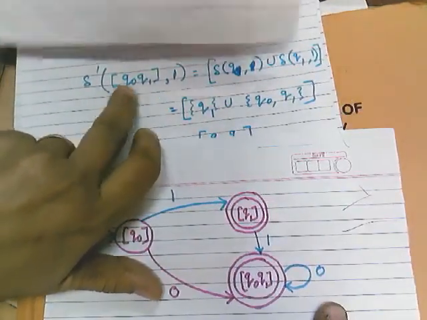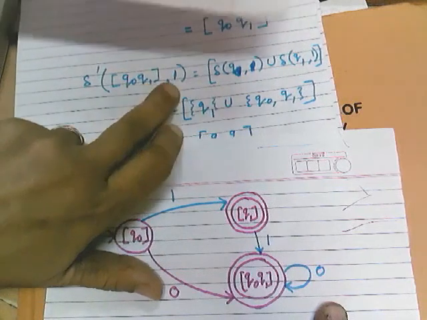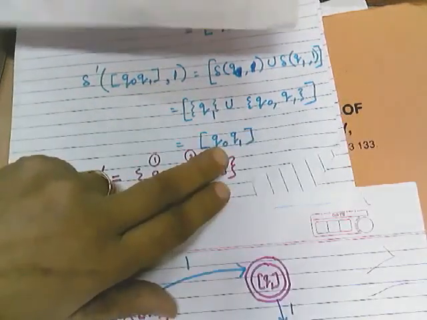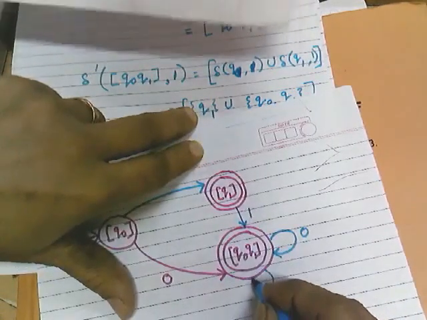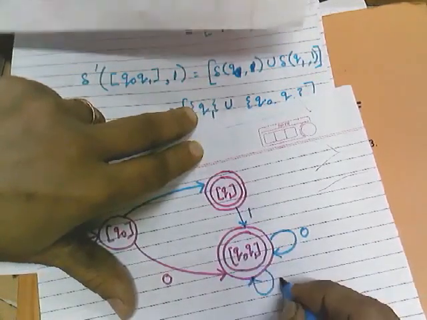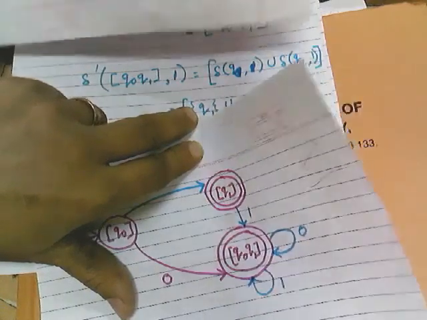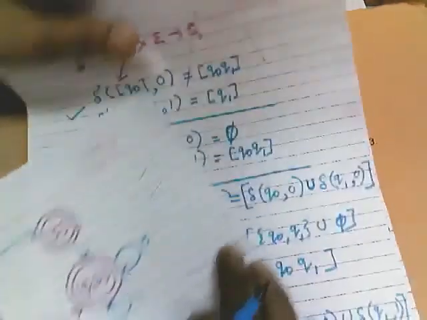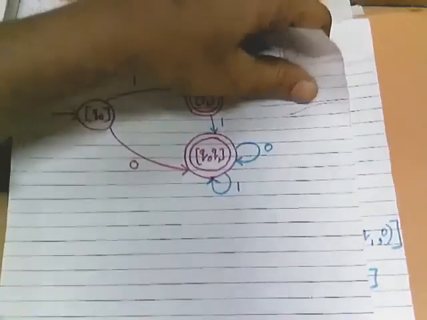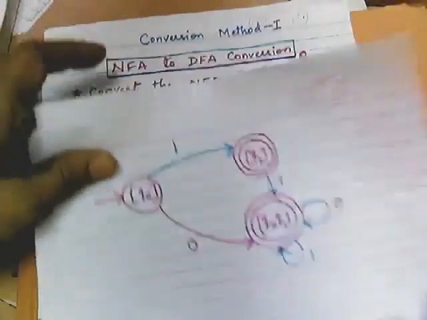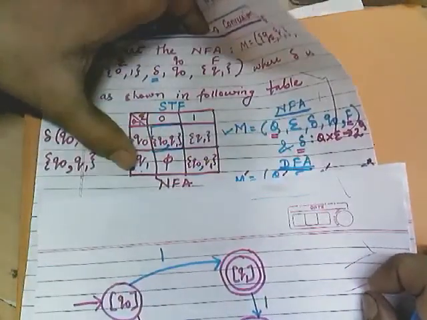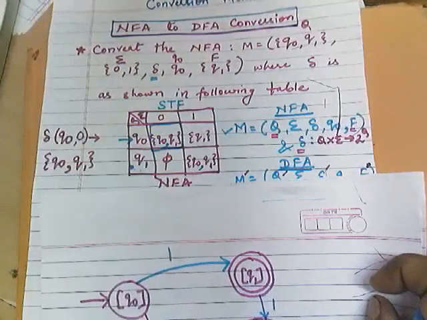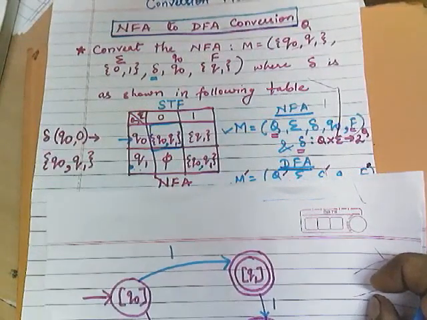Delta dash of Q0 Q1 on 1 is also moving to Q0 Q1. So there will be another self loop here for input symbol 1. So this will be our final DFA, which is the conversion of the given NFA. This was the given NFA and this is the equivalent DFA.